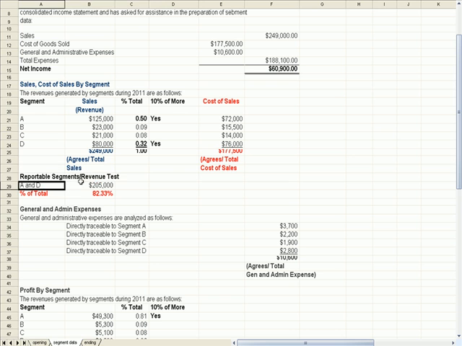So if I have A and D, and I add them up, A and D, I get total revenue of $205,000, which is 82% of the total revenue or sales. So I know that in my segmented reporting, I'm covering 75% or more of the sales. So it's a big enough picture, big enough selection that it's meaningful to a financial statement reader.